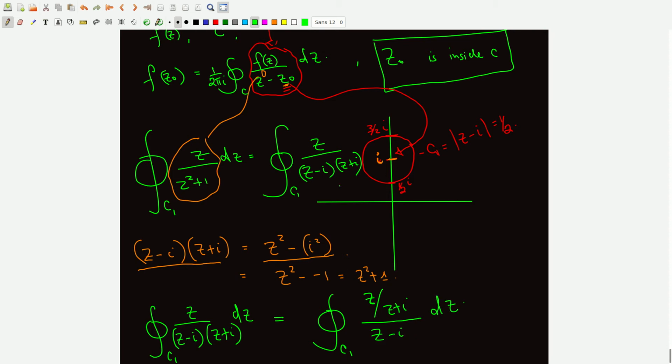I suppose you can see that now this looks very familiar with this one here, because we have z minus z0. In this case, our z minus z0, where our z0 is i, and they told us that z0 has to lie inside C, and indeed i lies inside our closed path there, or our curve. Okay?